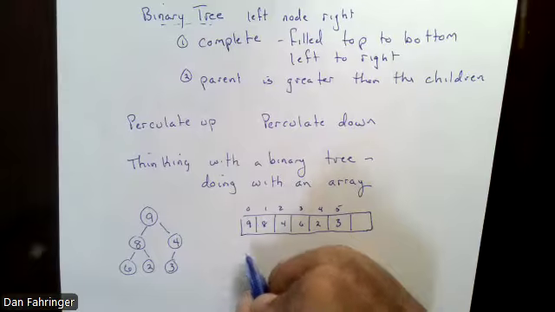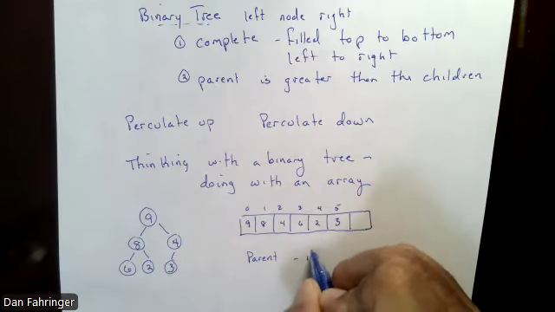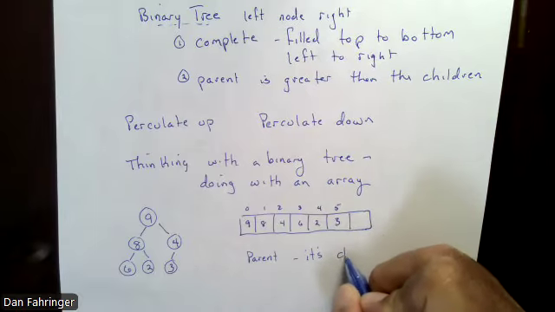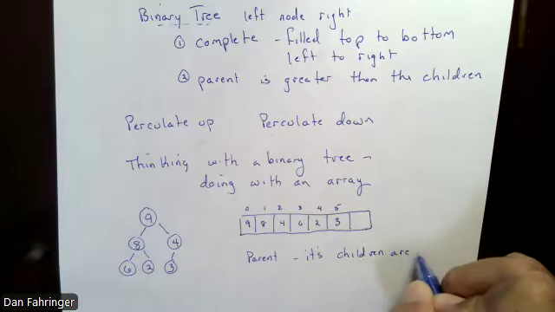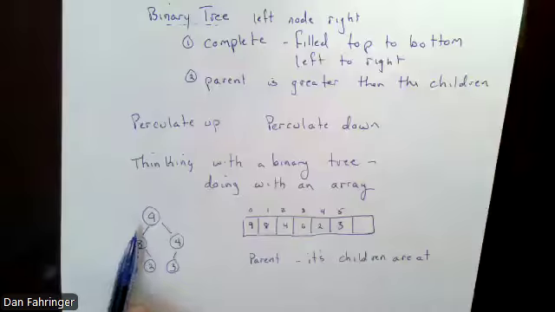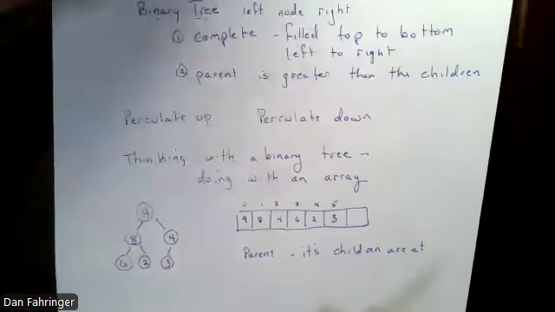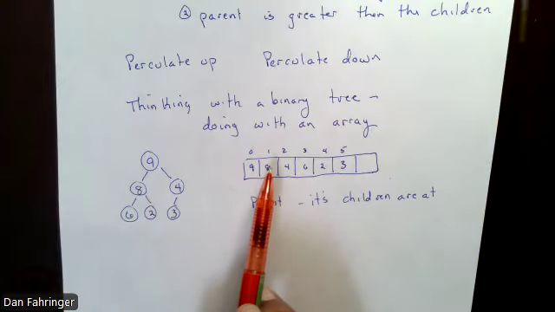And the other day we said, if I have a parent, where are its children? Is it 2n minus 1? 1, which is 8.